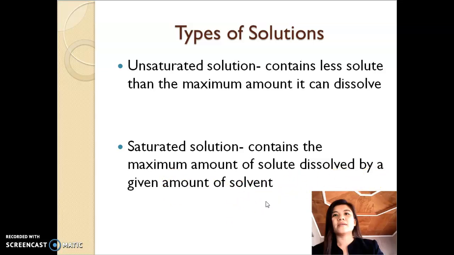So, saturated solution contains the maximum amount of solute dissolved by a given amount of solvent. Okay, so if I remember it right, you're going to use a glass, no, not a glass of water, but just 1/2 cup water, and we are going to dissolve sugar starting from 1 teaspoon, 1/2 teaspoon.